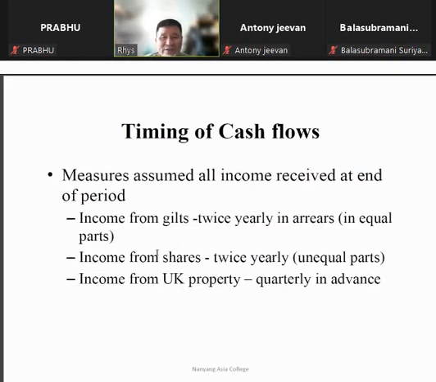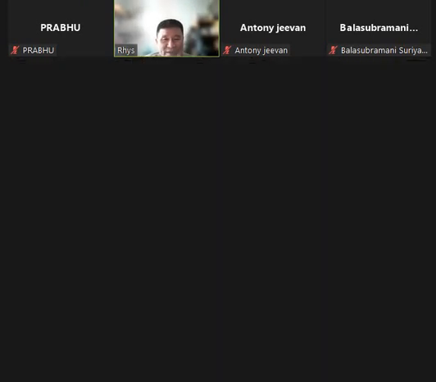So timing of cash flow is very important. Measured, assume all income is received at the end of the period. If income is twice yearly in arrears, that means delayed income. Income from shares, and also from UK property. I mean, this is the UK standard, right?